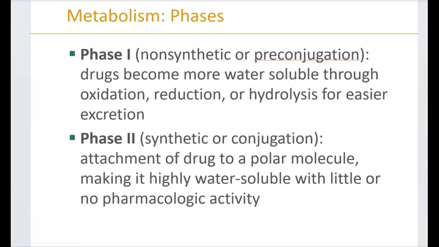The book talks about the phases of metabolism, phase 1 and phase 2. Phase 1 is pre-conjugation. The drugs become more water-soluble through oxidation, reduction, or hydrolysis for easier excretion. Then in phase 2, or conjugation, the drug is attached to a polar molecule, making it highly water-soluble with little to no pharmacological activity.